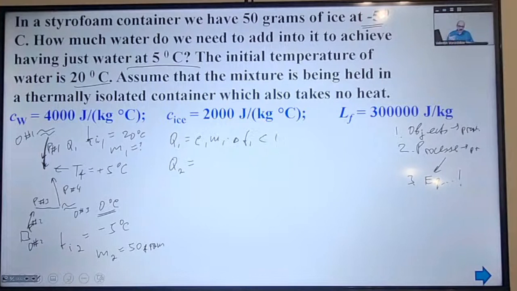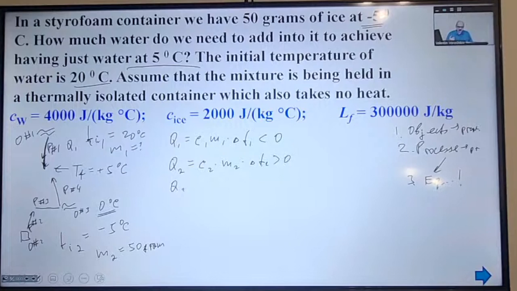In this situation, it has to be negative because when water is cooling down, it releases energy. But the process number two requires some energy because ice has to warm up. C2, specific heat of ice times mass number two, times delta T2. Delta T2 is temperature change number 2.